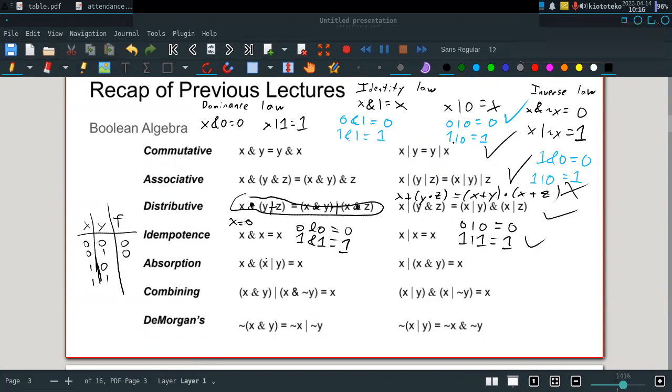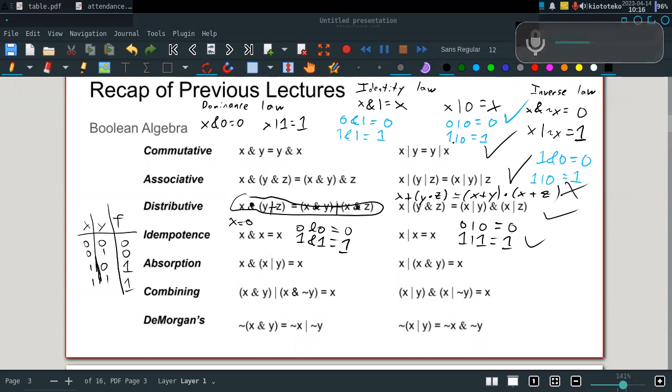And 1 and 1, that's 1. And when it's 1, 1, this is 1. So you can see that the result of this is whatever there is in X, and you can prove it with all these properties.